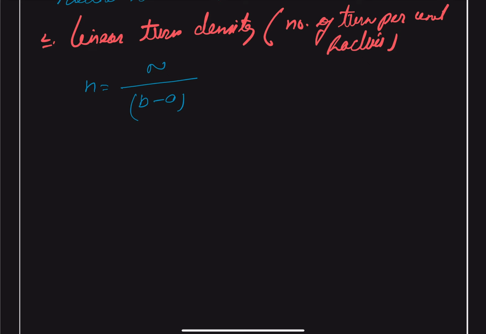Now we consider a small portion dr and a small number of turns dn.